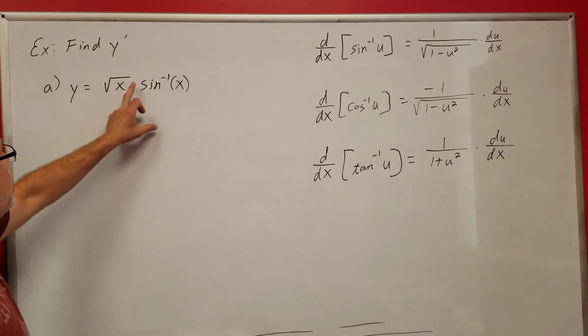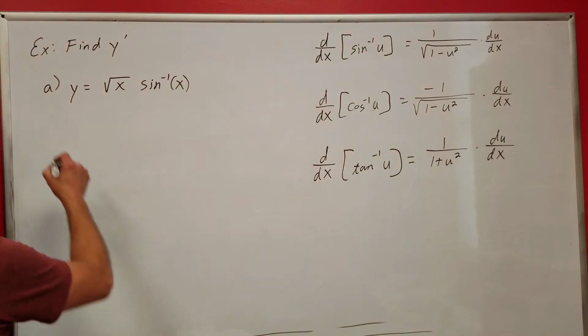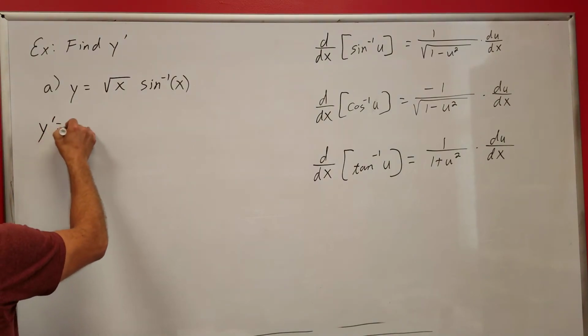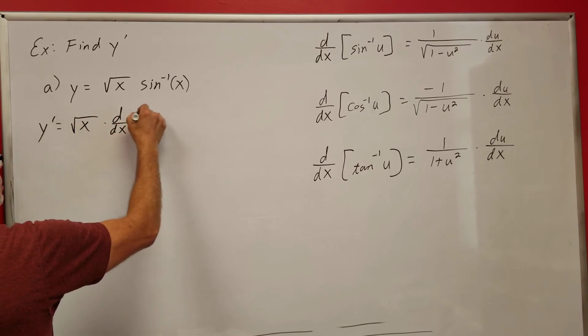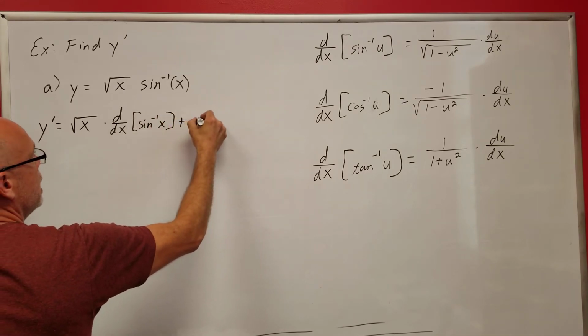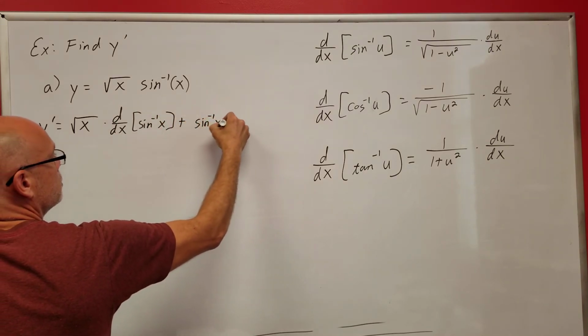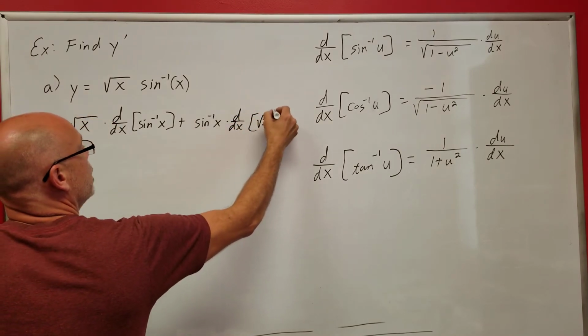So I want to find the derivative of a product here, right? So I'm going to use the product rule. Y prime is the first times the derivative of the second, plus the second times the derivative of the first, the derivative of square root of x.